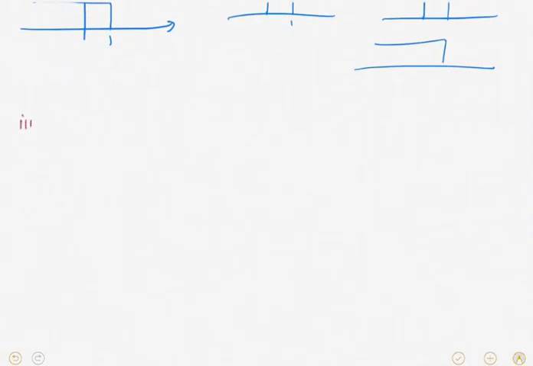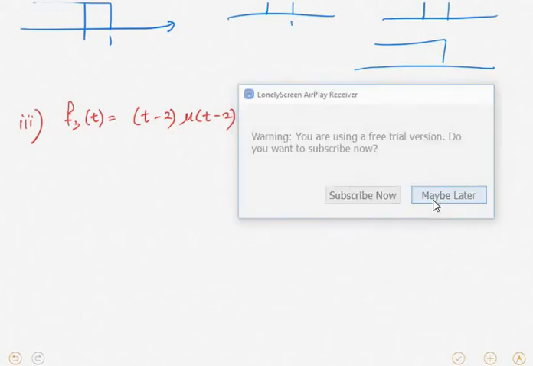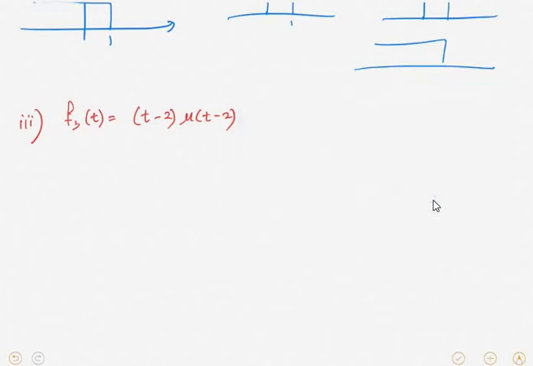Now the third example: (t-2)u(t-2). u(t-2) chops off the front part, but you multiply with t-2, which is a line that intersects at y equal to negative 2.